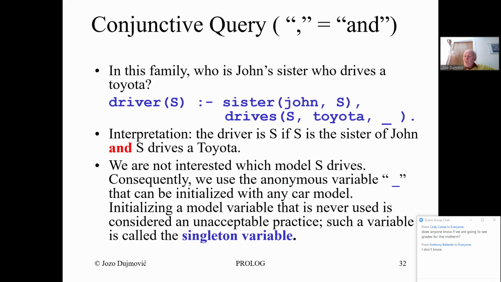Now, in the case of PROLOG, if you do something like that, put here M, C++ will not complain, but PROLOG will complain because it is going to say you instantiate a variable that is not used in this search. So most likely you have a typo.